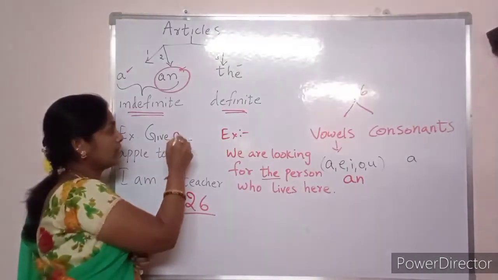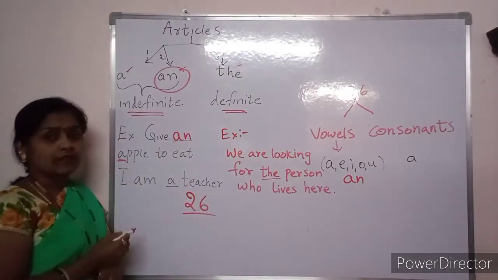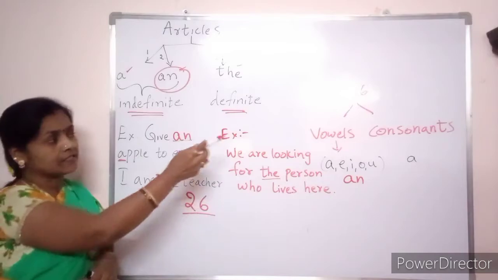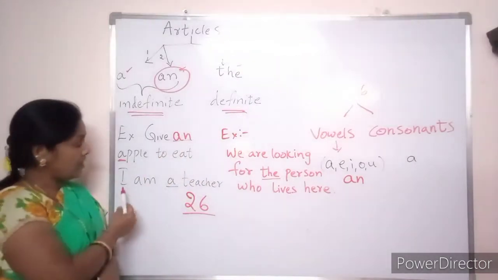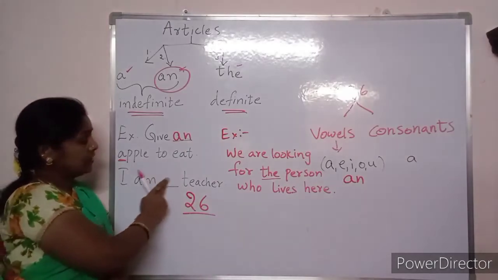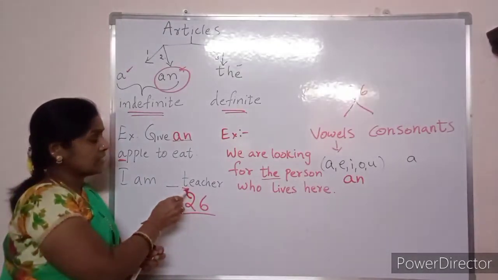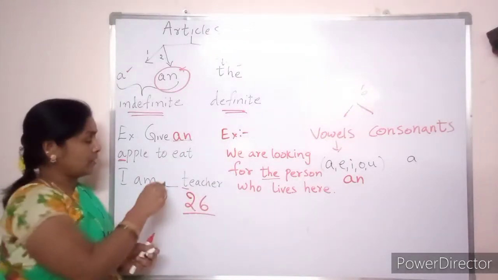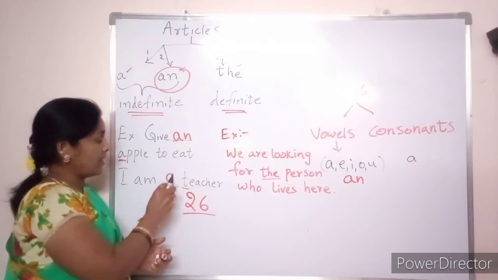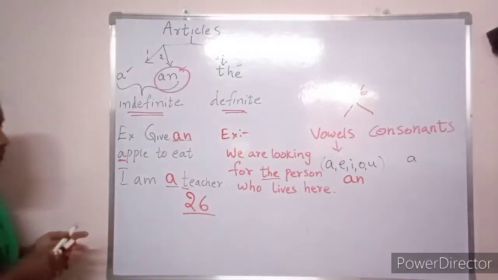We should write an, because the first letter is a vowel. Next sentence: I am dash teacher. Teacher, what is this T? T is a consonant. So you should write a. I am a teacher. This is how you should write.